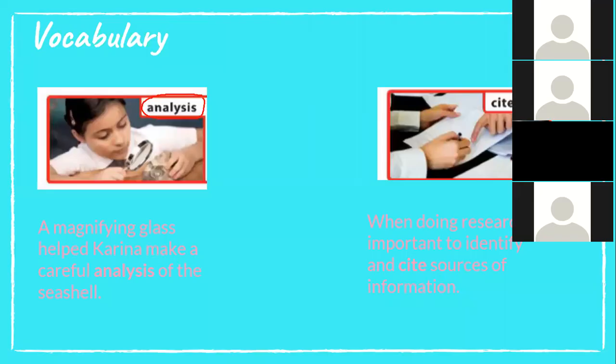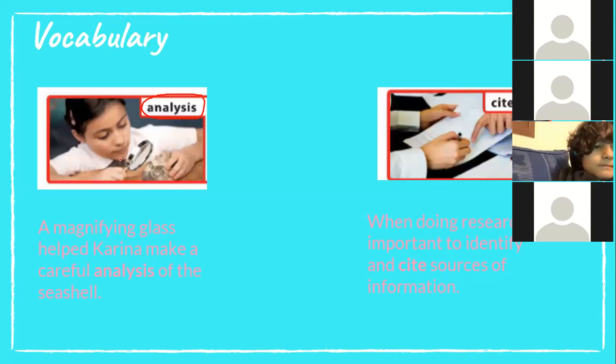Hussein Kassab. Hussein, what do you think we mean here by analysis? Look at this girl. She's looking at the seashell. What do you think she's doing to the seashell? Checking.